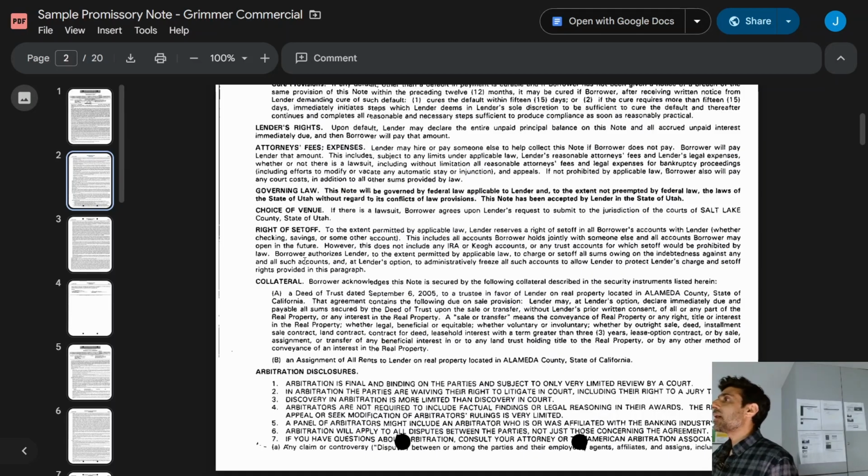So if he stopped paying, then whoever holds the loan, the bank initially, but then they sold the loan to me, could foreclose and collect the money through selling his property at an auction. He signed over that right when he took this loan. So it's all spelled out here.